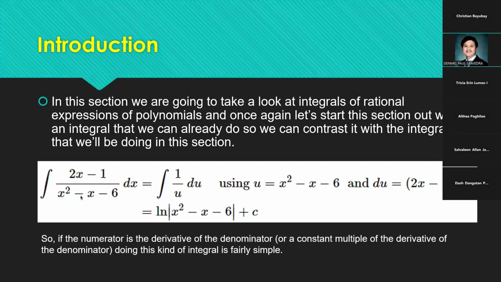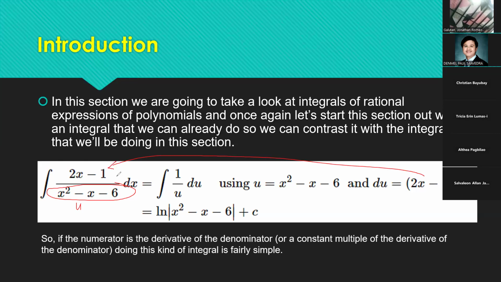Okay, so not all proper fractions will lead into a partial fraction like this one. Okay, so in this example, you can actually check first the logarithmic formula, the du over u. Okay, so notice that if you're going to get this one as your u, and then deriving that one will give us 2x minus 1, which is the same now with our numerator.